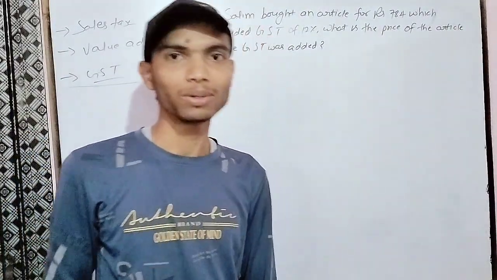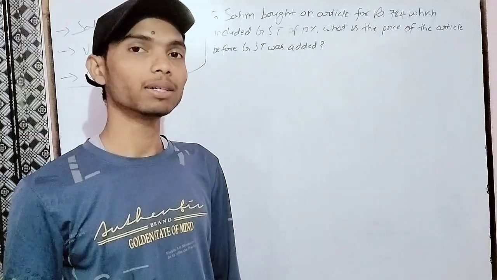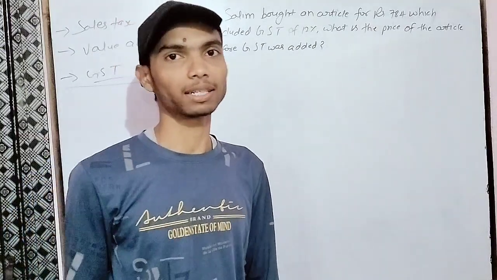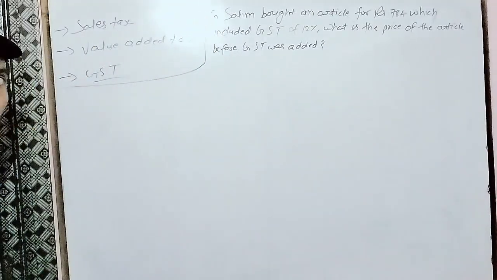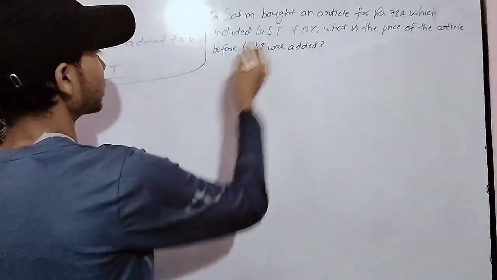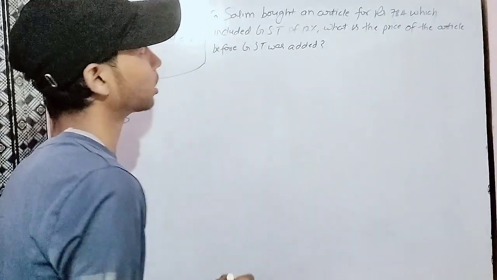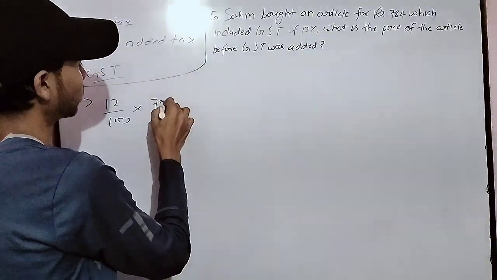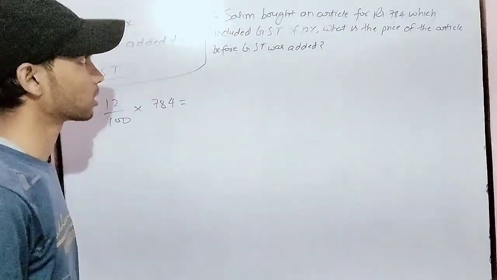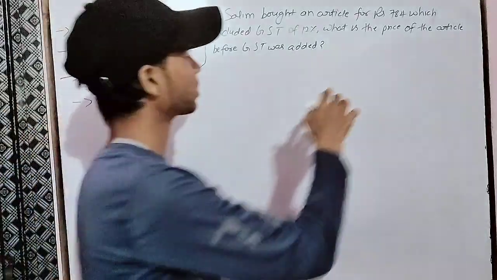Kishan wanted to know: tell me before GST was added, what was the price of the article which was sold at a price of 784? Now this is 12%. I am solving here 12% of 784. This is a sale tax.